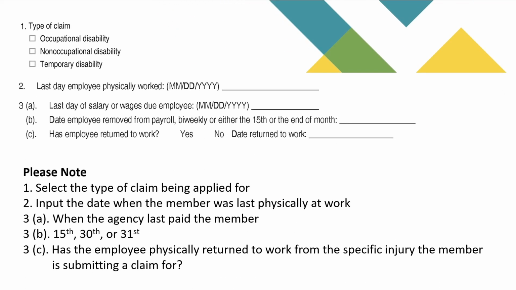You'll see you have to identify the type of claim, input the date when the member had last physically worked, and identify when the agency last paid the member, whether it be the 15th, 30th, or 31st. Has the employee physically returned to work from a specific injury?